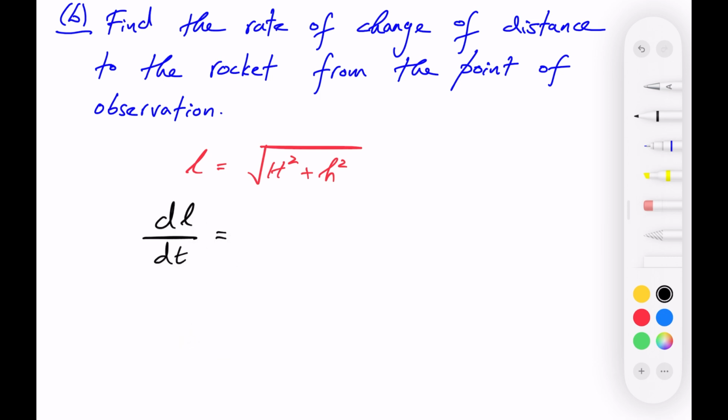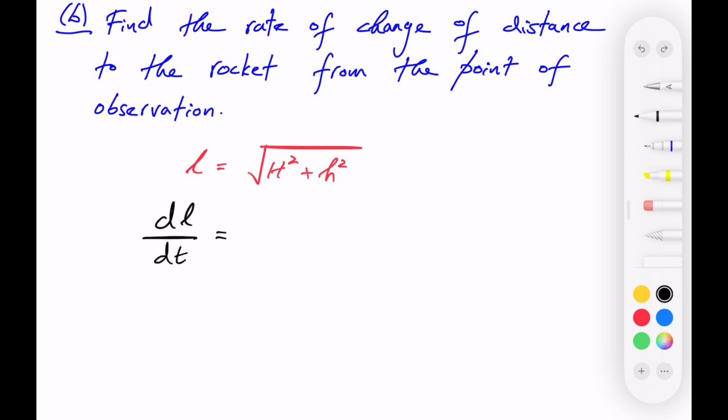On the right hand side, I have to differentiate all of this. How do you differentiate that? You will need to use the power rule. On the right hand side, we have capital H squared plus lowercase h squared, everything raised to the 1/2 power.